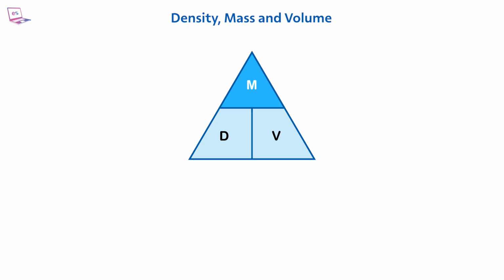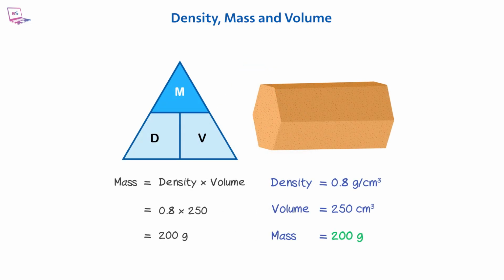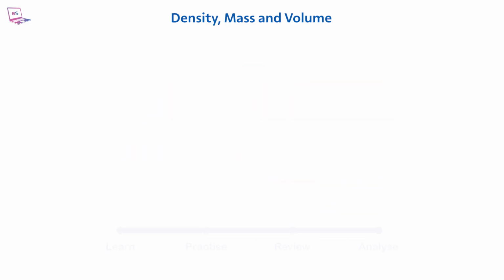Since we need to find the mass, cover m in the triangle, we get the formula as d times v. That is, you need to multiply density with volume to find the mass. Let's substitute the values in the formula. Mass equals 0.8 times 250, which equals 200 grams. The mass of the block of wood equals 200 grams.